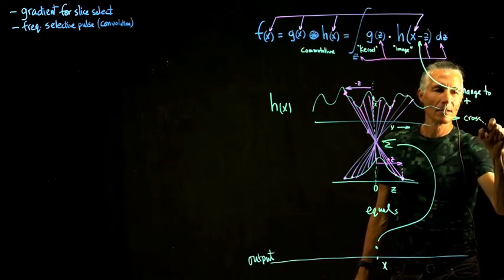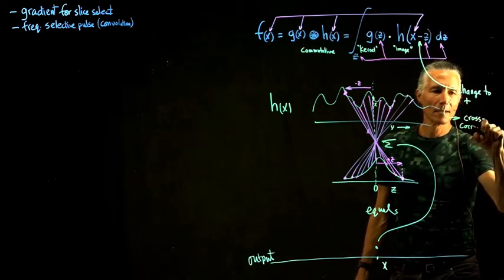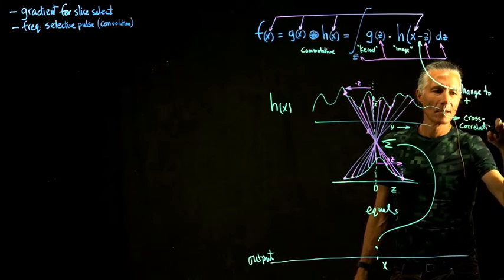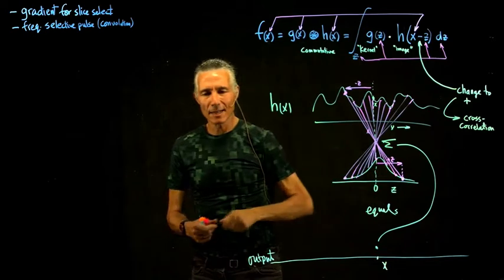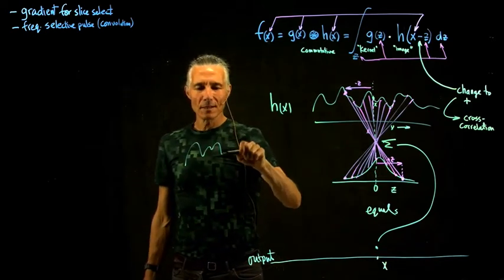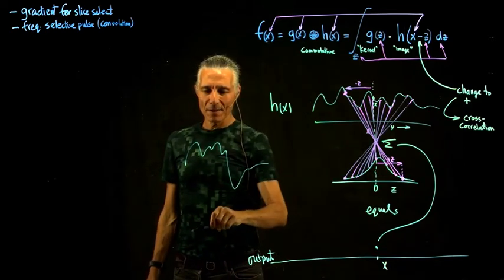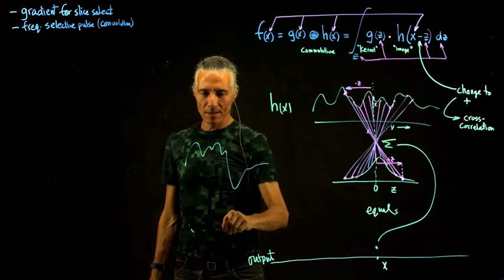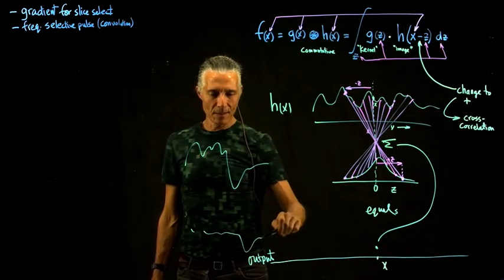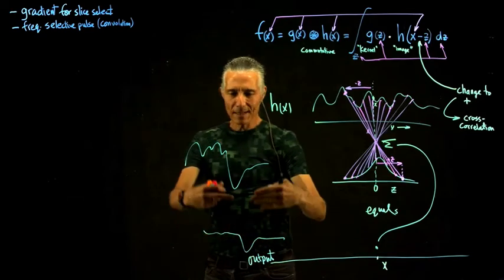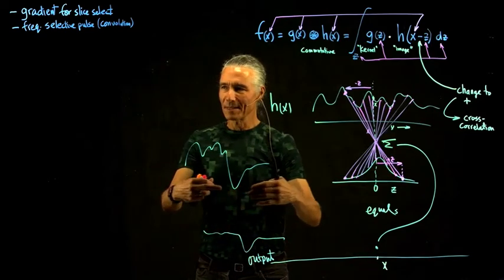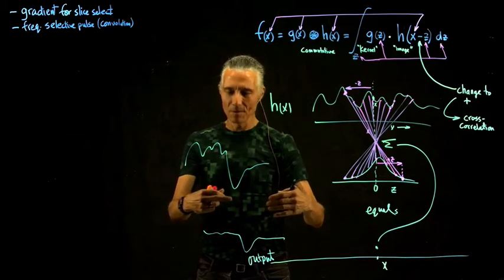So what is cross correlation? Cross correlation would be take one function, say like this, and then take another, different function, and then we could say, what's the alignment of this that gives me the biggest correlation between the two?